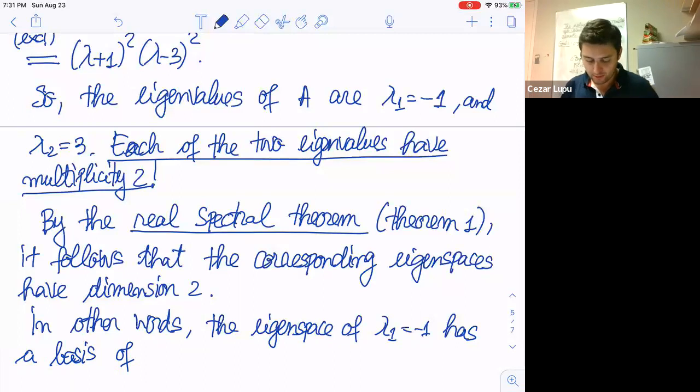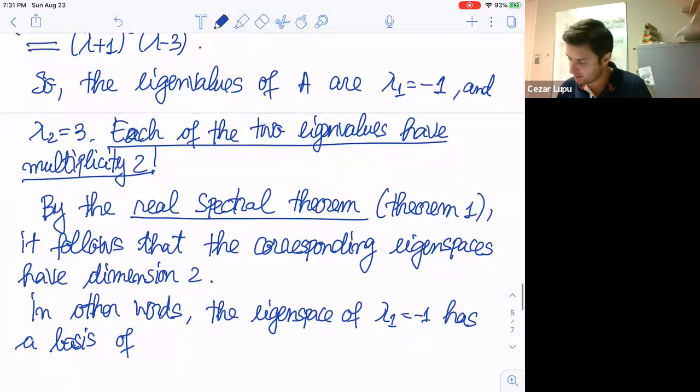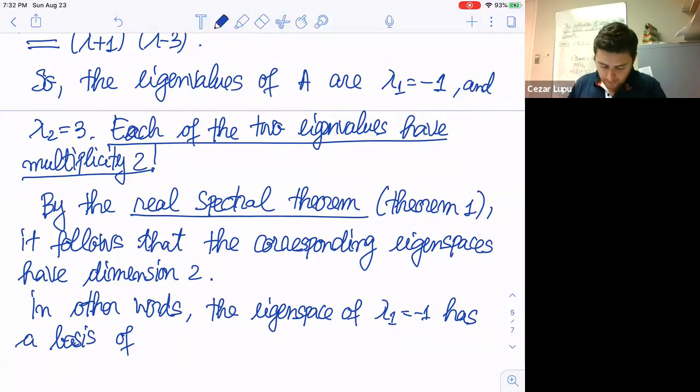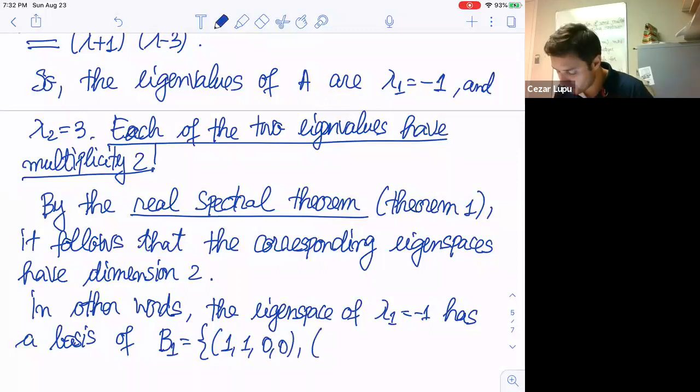I don't want to get into the details of this. As a basis B1, it was 1, 1, 0, 0, and the second vector was 0, 0, 1, 1.